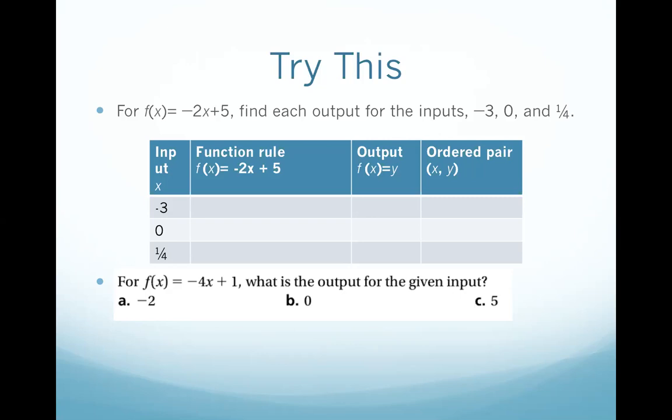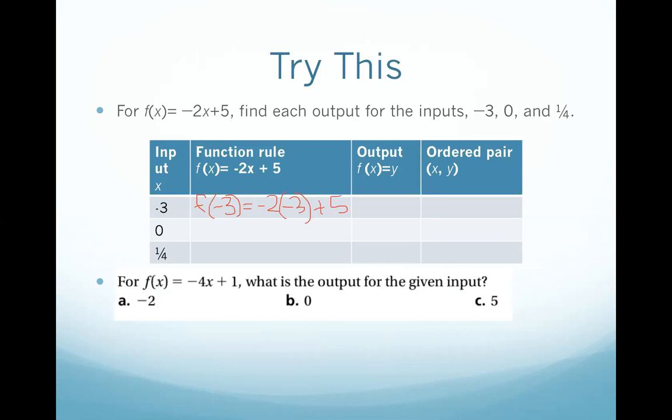And we're going to take our input values, negative 3, 0, and 1/4, and one at a time, we're going to find our output values. So remember, our input value is x. X is our input, so we're going to replace x with negative 3. So in our function rule, we're replacing x with negative 3. That's f of negative 3 equals negative 2 times negative 3 plus 5.